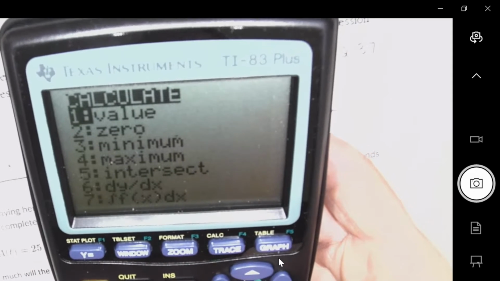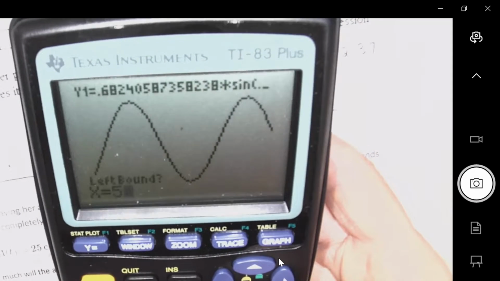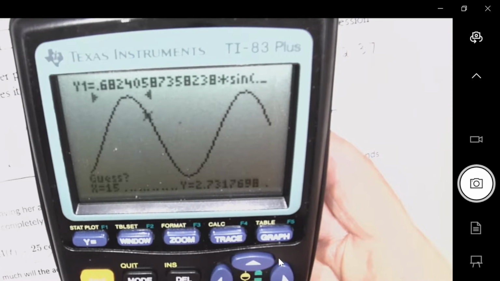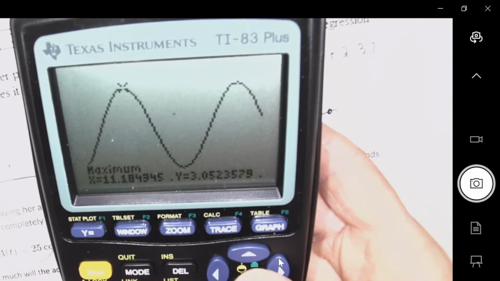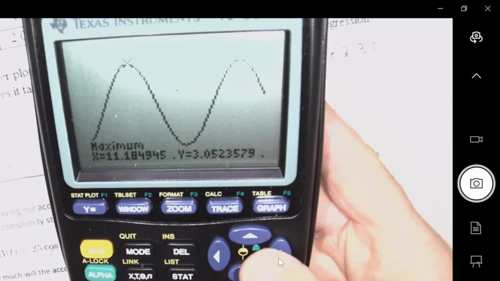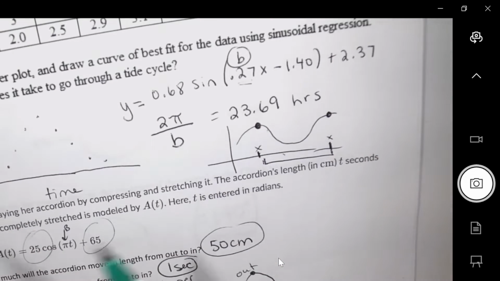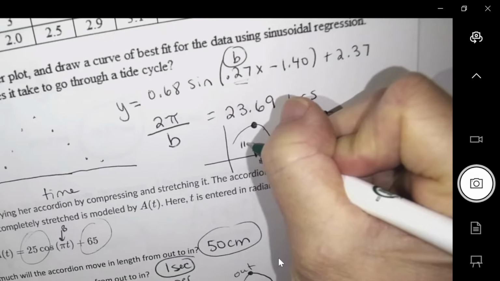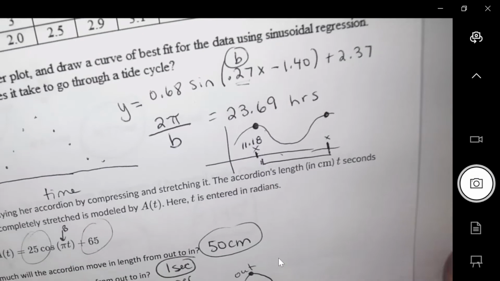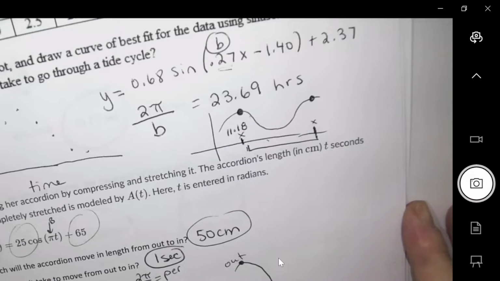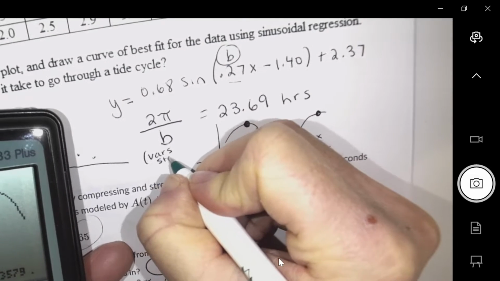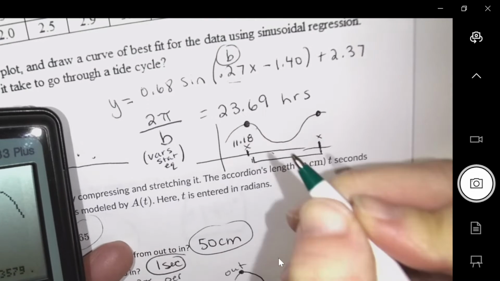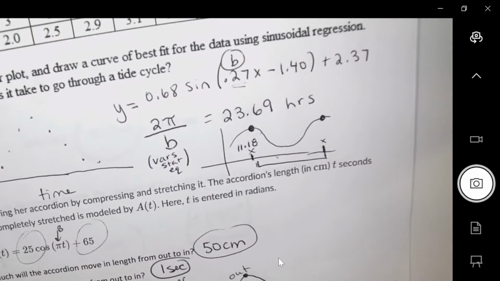It's exactly the same thing that you would be doing. 11.18. So 11.8 was the one I got.